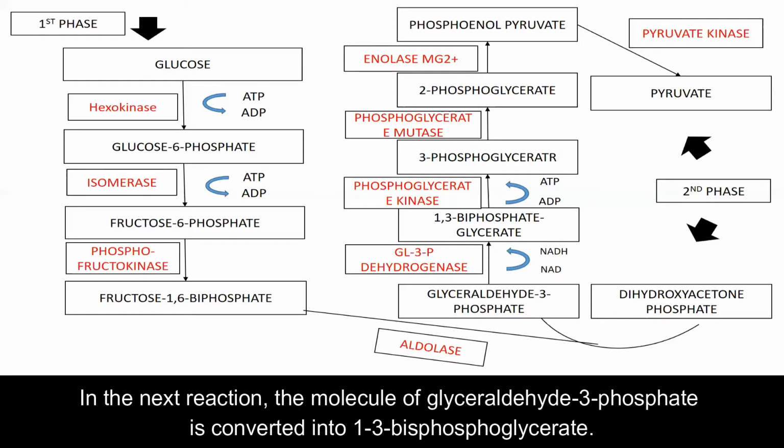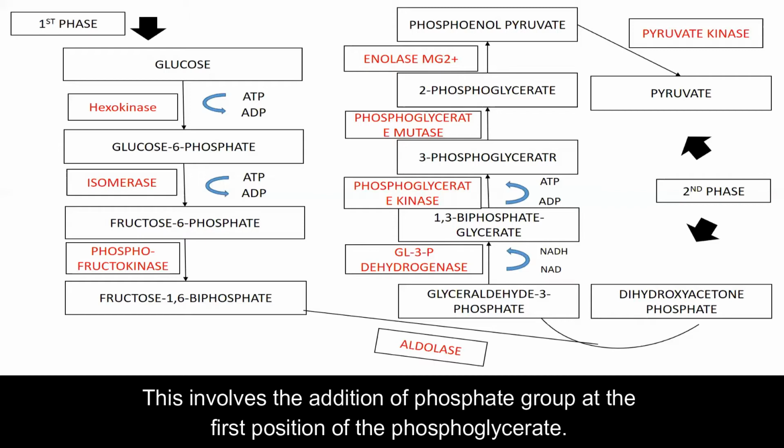In the next reaction, the molecule of glyceraldehyde 3-phosphate is converted into 1,3-biphosphoglycerate. This involves the addition of a phosphate group at the first position of the phosphoglycerate.